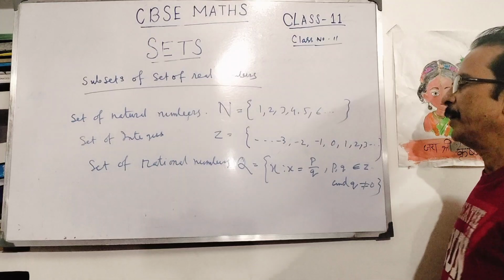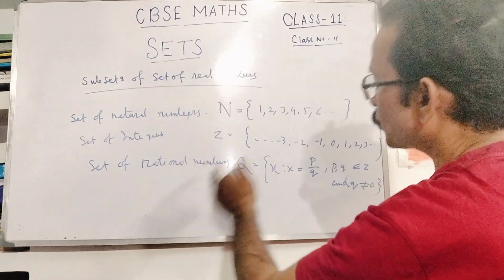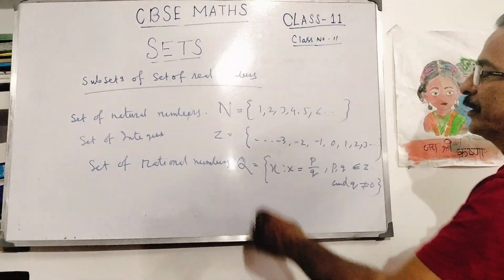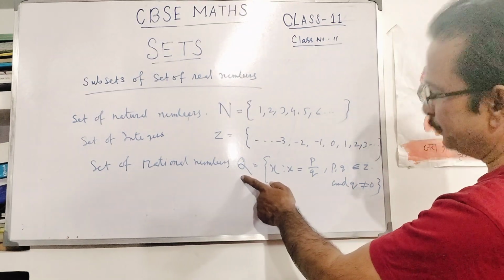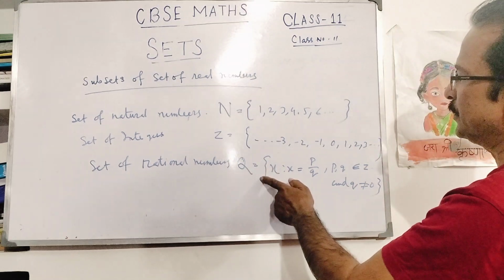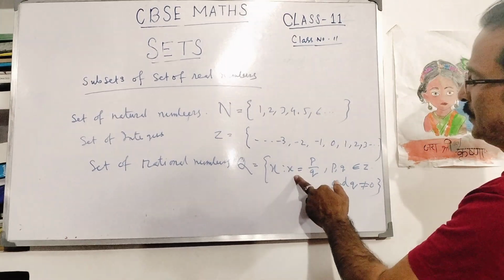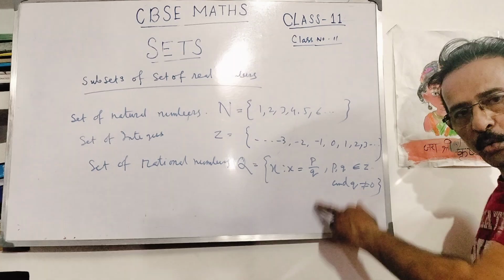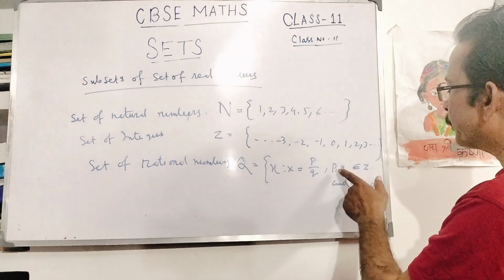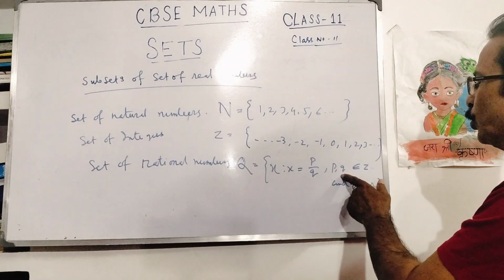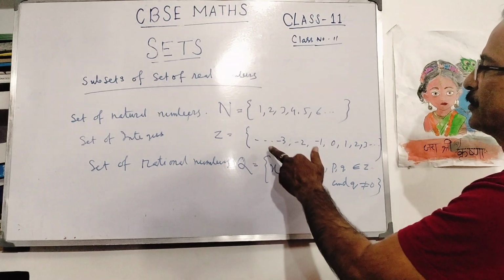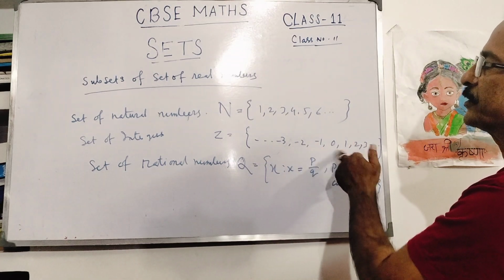Next, the set of rational numbers is symbolized by Q. It is a set where x is an element and x equals p by q in the form, where p and q belong to Z, that is the set of integers.